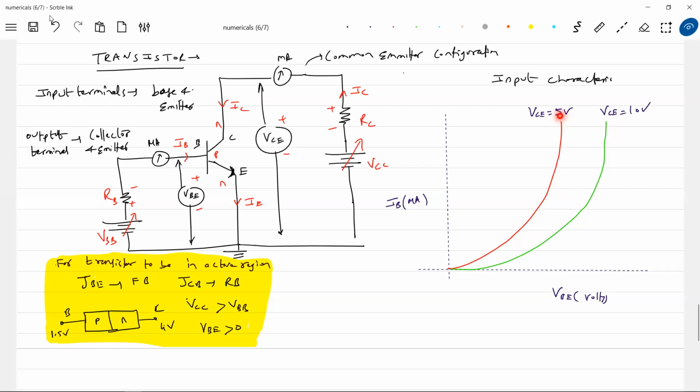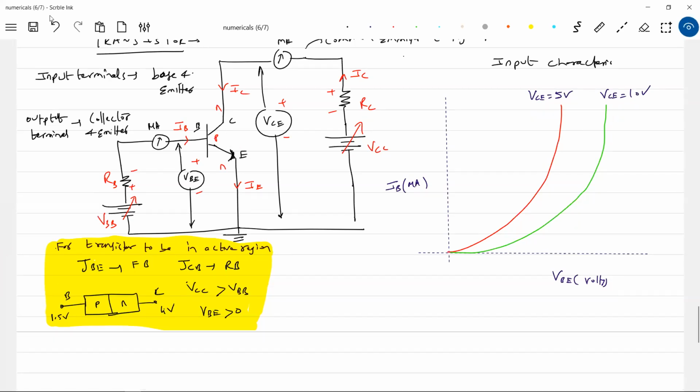Try to see this. Sir, as you increase this VCE, why will the curve deflect like this? Why is there this deflection of the curve? The only reason for that is to look at the base emitter, the configuration of how they are doped. This is emitter, this is base, this is collector.